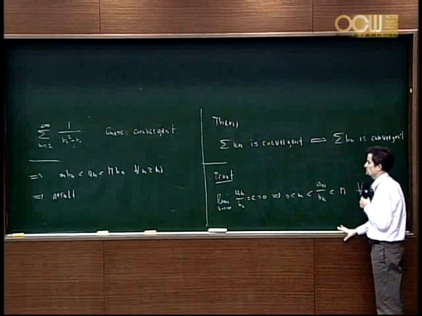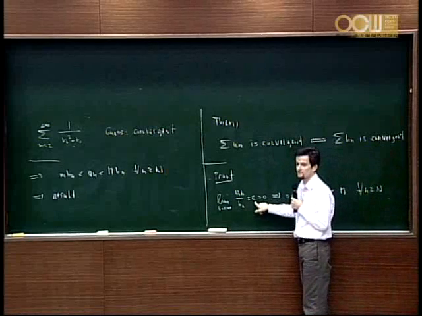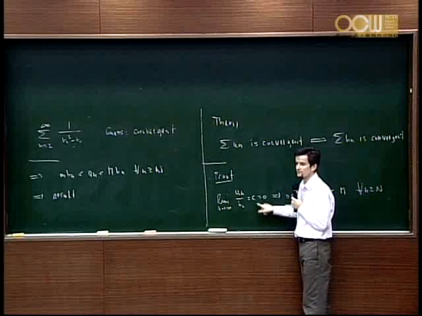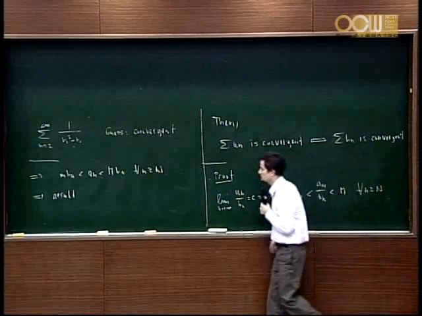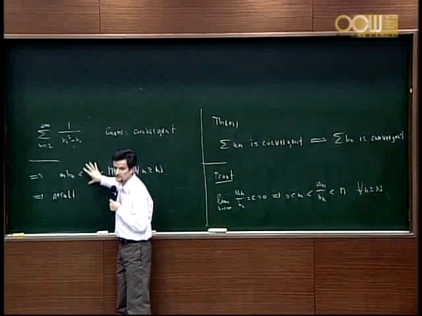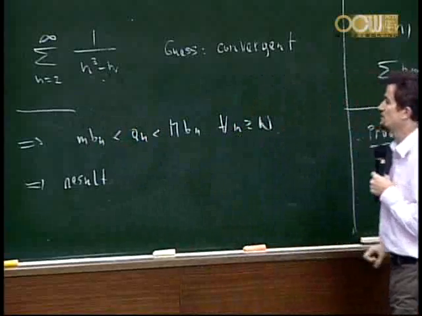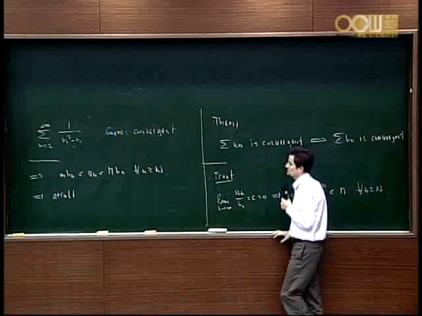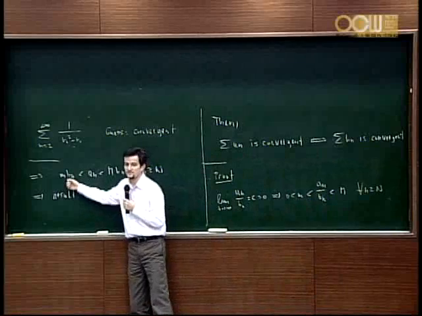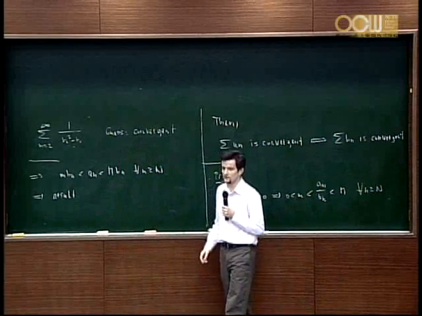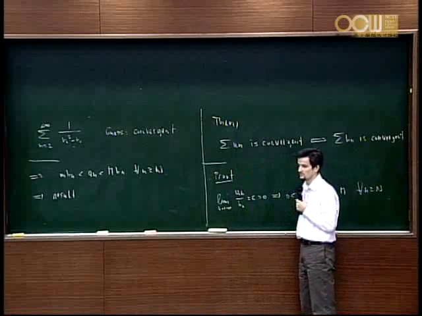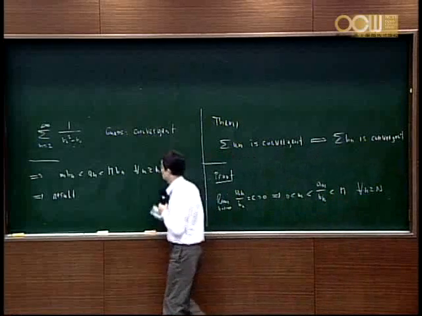There is one more situation, namely if c is equal to infinity. If this limit is equal to infinity, then you just get the lower bound, so you just get this part of the chain of inequalities. So if c is infinity and you know b_n is divergent, a_n will be divergent as well.